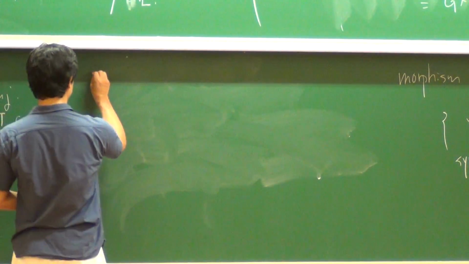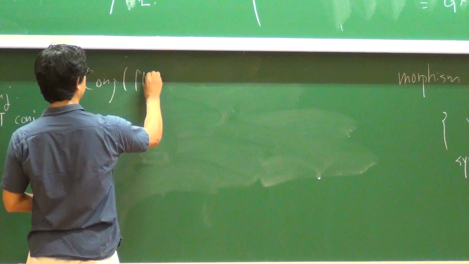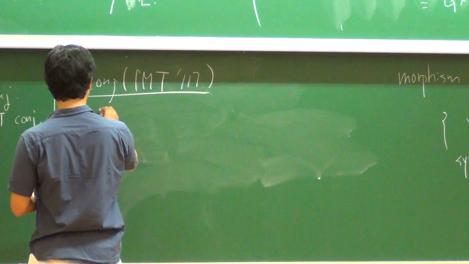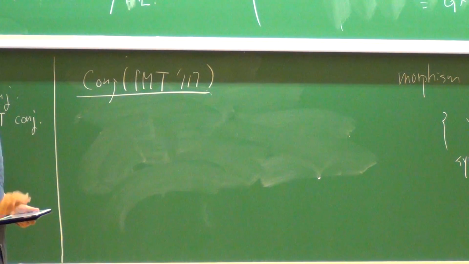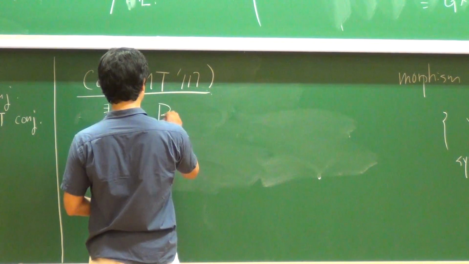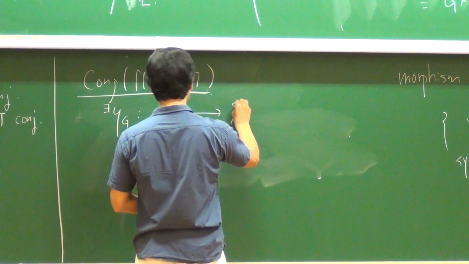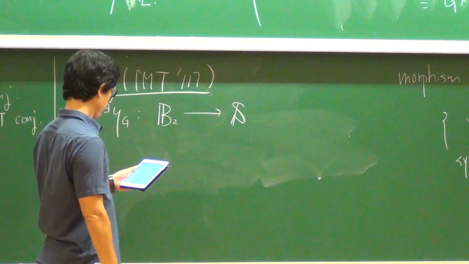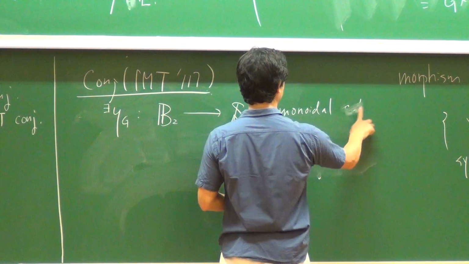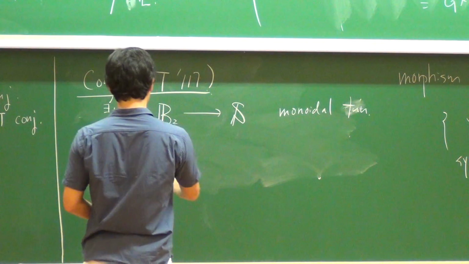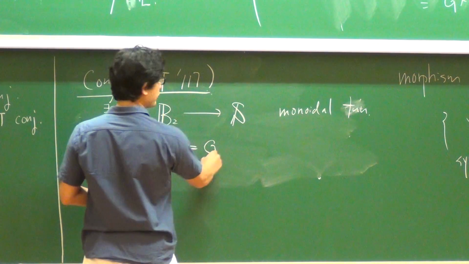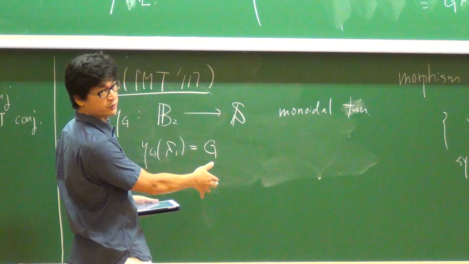And the conjecture of Moore and Arakawa states that if you fix a simple group G, and then you fix a monoidal functor from the two-dimensional cobordism category to this category of symplectic varieties, which is a monoidal category, such that the circle S1 goes to this group G, the object.